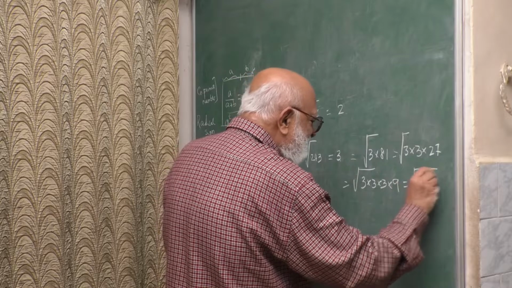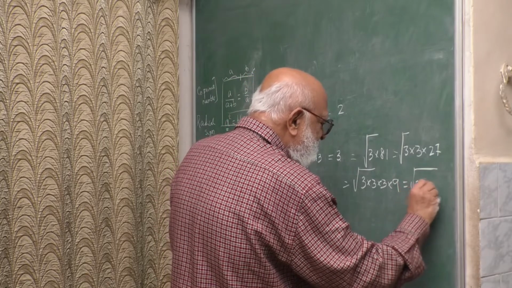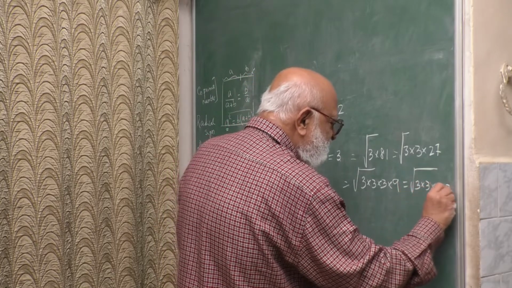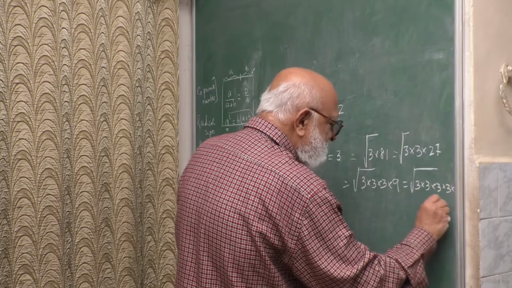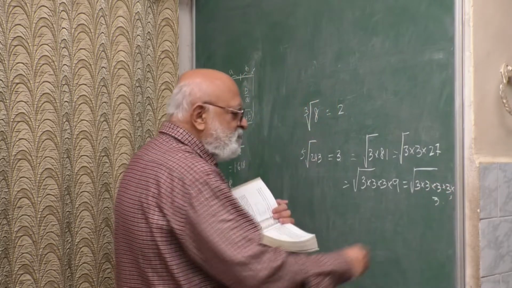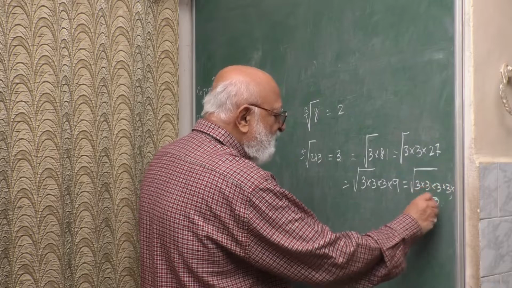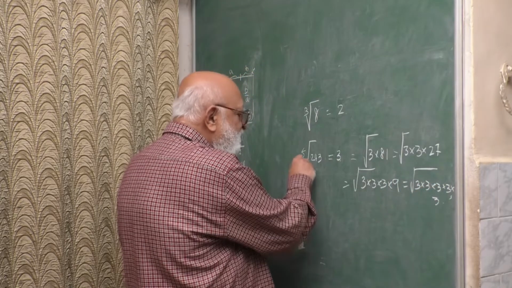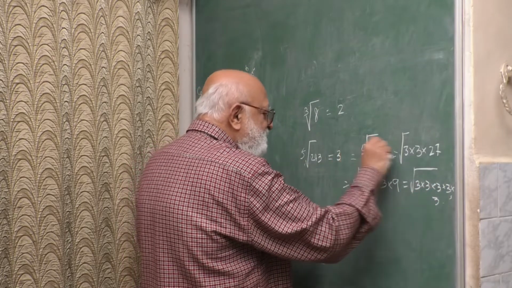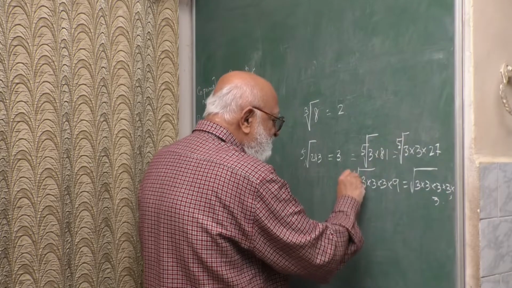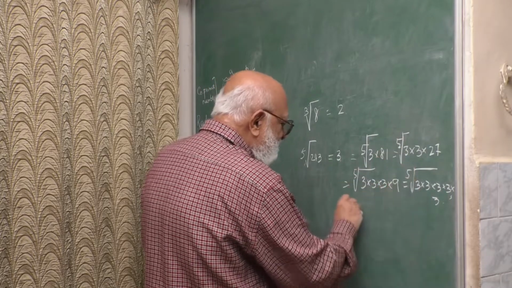Again, that would be 3 into 3 into 3 into 3 into another 3. Okay, so 1, 2, 3, 4, 5 threes, and we have been asked for the fifth root, so we take one from each group of five. So you will end up equal to 3.